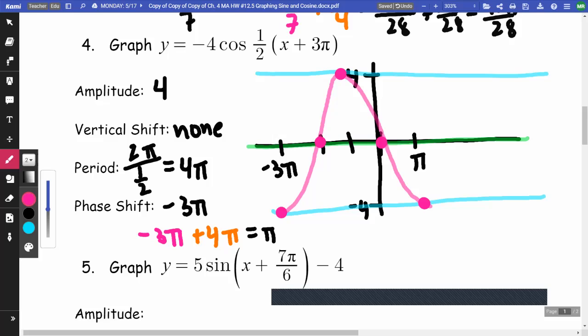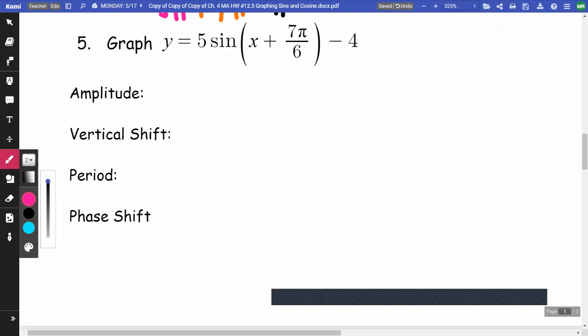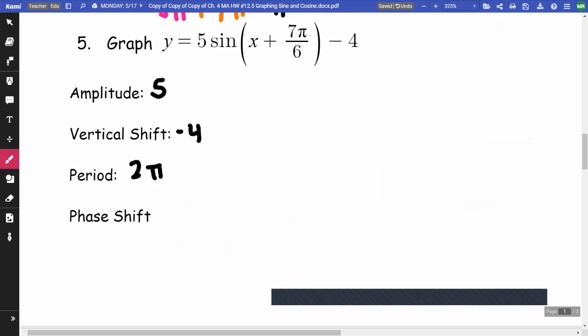Okay, on number 5, sine graph. Amplitude 5, vertical shift -4. Period is 2 pi, and phase shift is a -7 pi over 6.